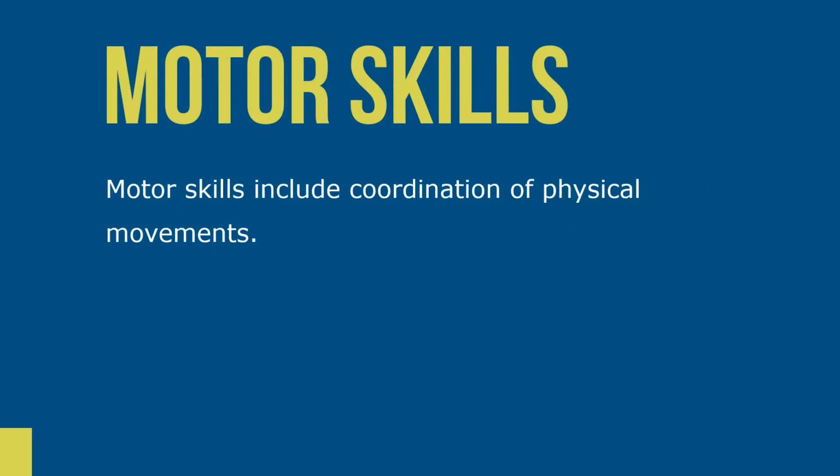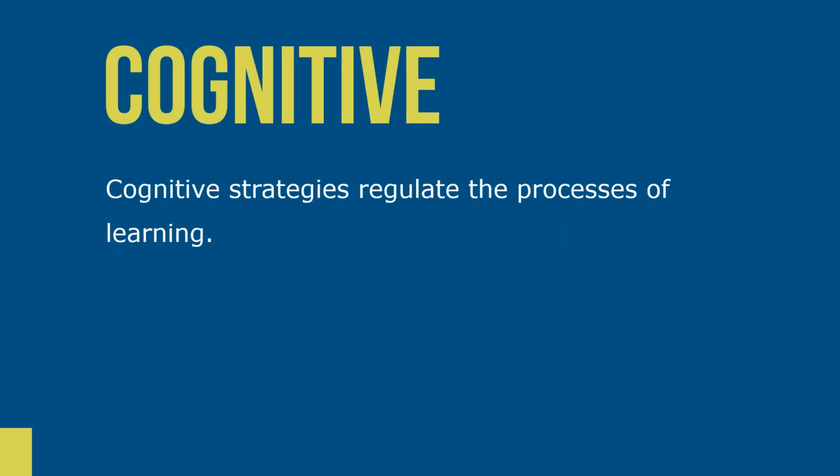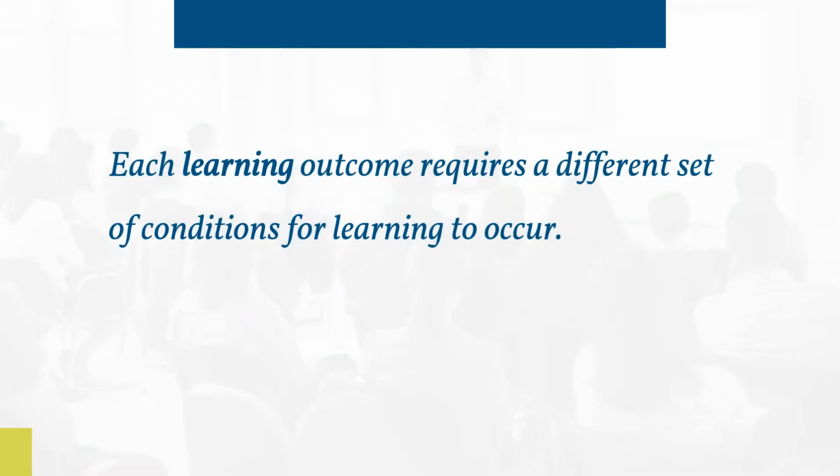Motor skills can include coordination of physical movements. Attitudes are a combination of the beliefs and feelings that predispose a person to behave in a certain way. Cognitive strategies regulate the processes of learning. Each learning outcome requires a different set of conditions for learning to occur.